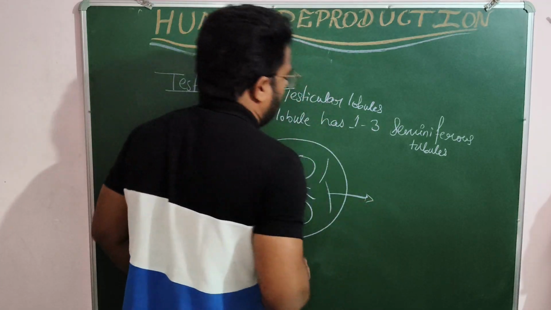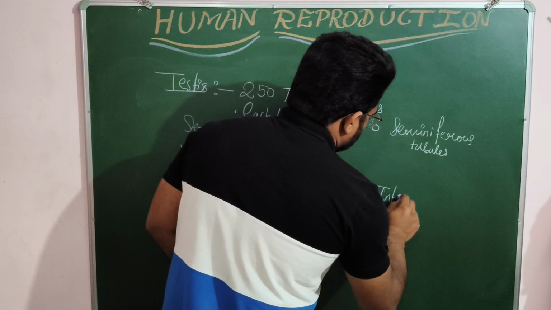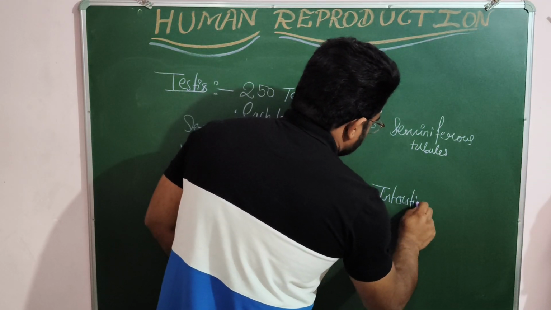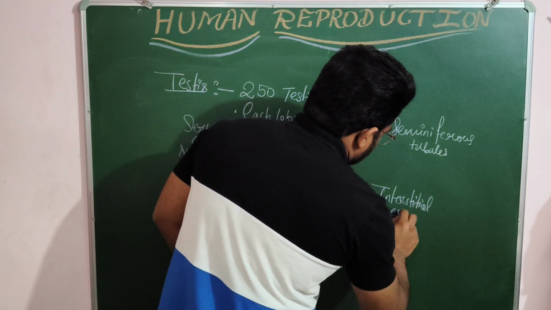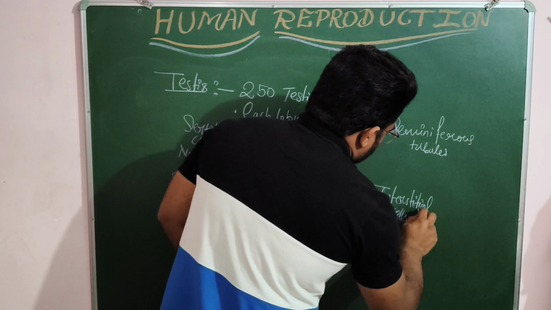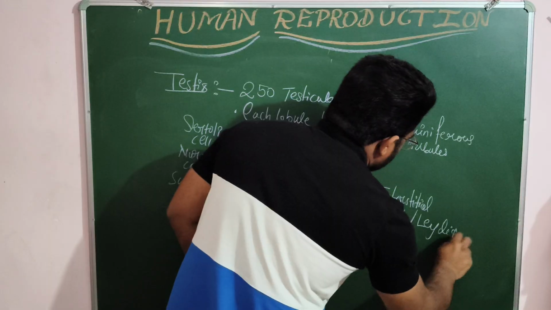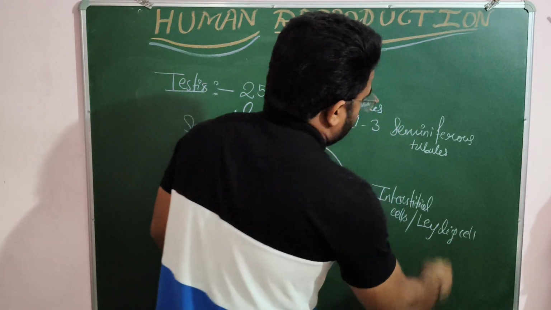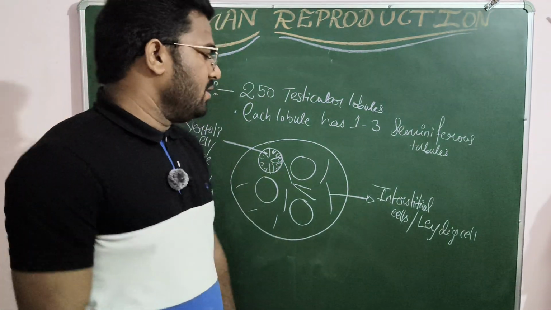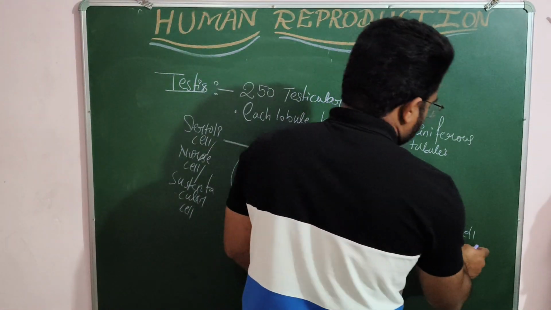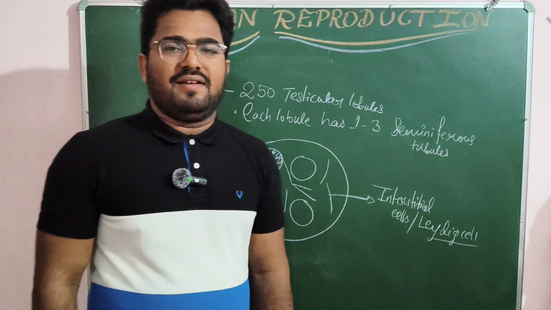Such cells are known as interstitial cells, also called Leydig cells. Which cell? Leydig cell. These cells are responsible for the secretion of testosterone, the androgen which brings secondary sexual characters in the body of the male.